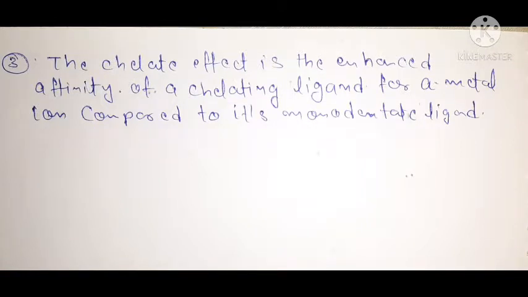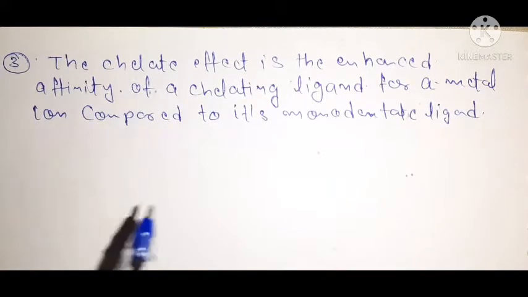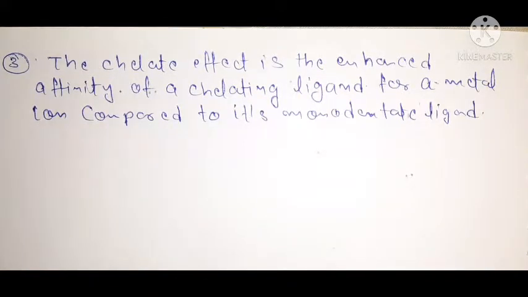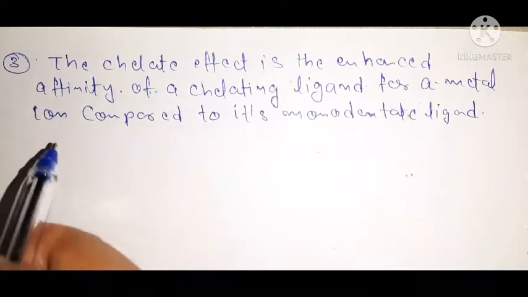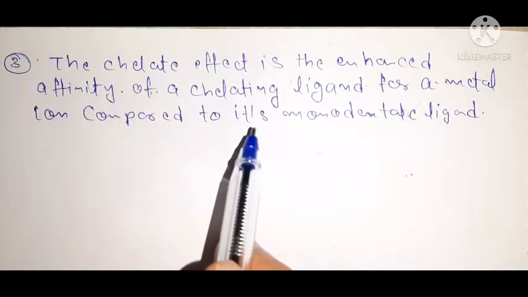See carefully. Now we take an example for a bidentate ligand, in which we take a reaction between a complex of cobalt and ethylene diamine, that is your bidentate ligand.